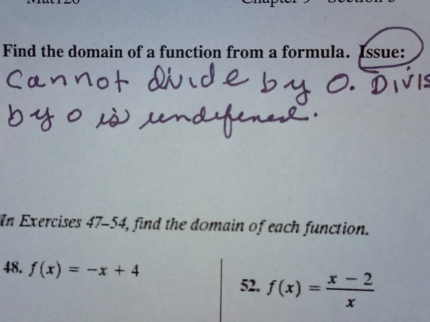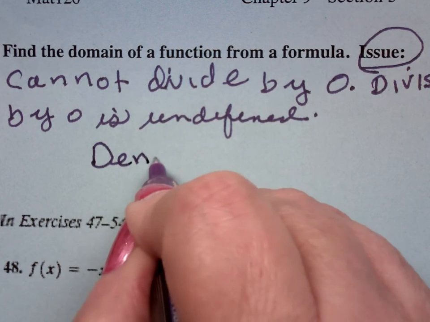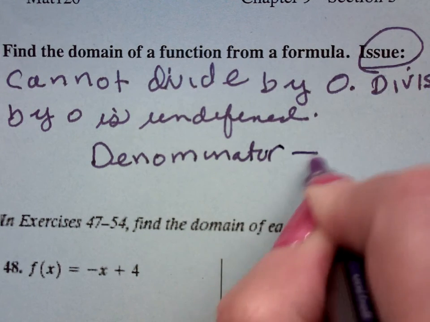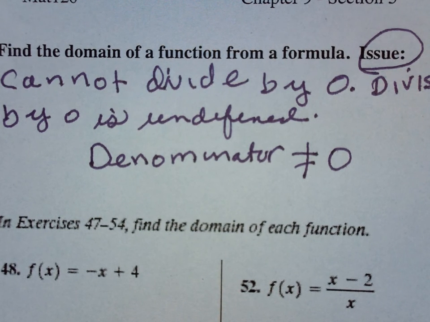So what we're going to be looking at is the denominator cannot equal 0. So the only time I'm worried about domain is if I'm dealing with a fraction. If I don't have a fraction or a denominator, the domain is all real numbers.